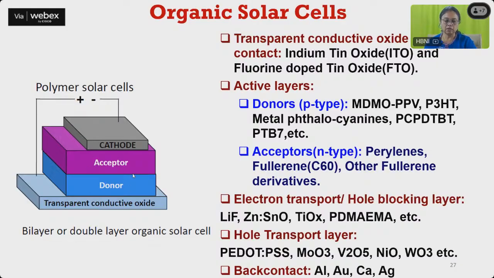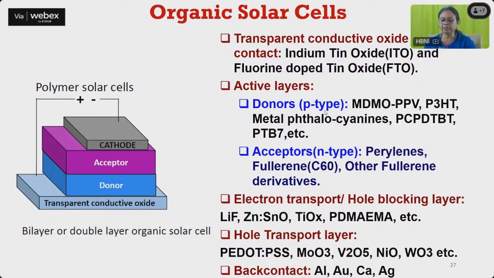Now we have our organic molecules, or they can be some kind of polymers. Indium tin oxide or fluorine doped tin oxide are used as the transparent conductive oxide. Now the active layers, the donor and the acceptor.